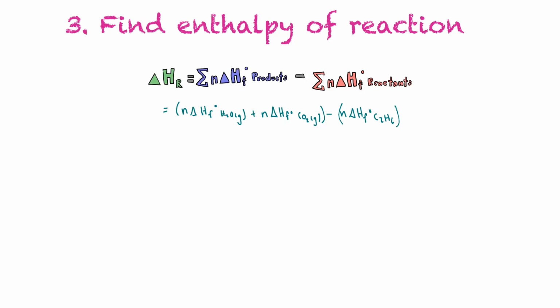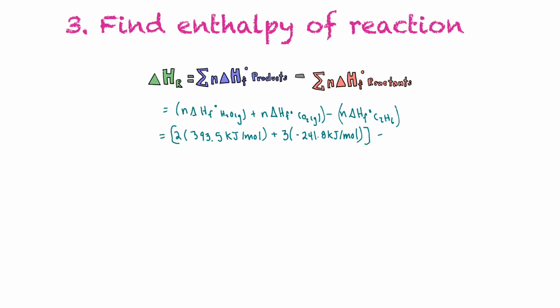So that's equal to 2 times negative 393.5 kilojoules per mole, plus 3 times negative 241.8 kilojoules per mole, and that's all in brackets.